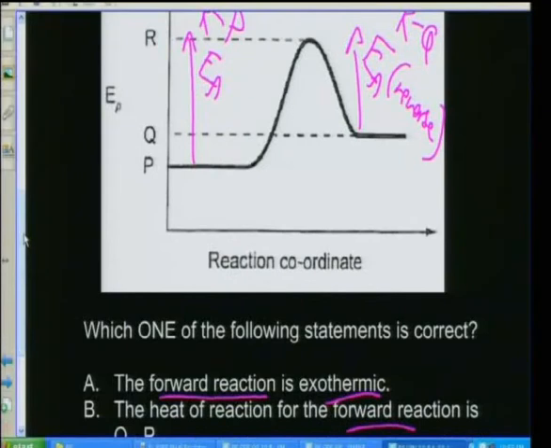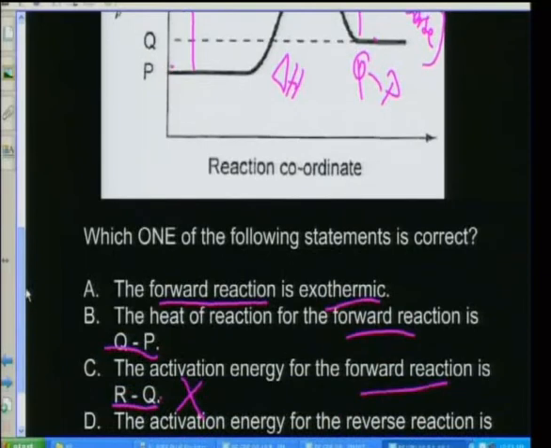So if we were looking for the delta H value for the forward reaction, we're going to say the product, which is Q, that's where the energy is, minus the initial, P. Notice that this is a higher energy, this is a lower energy. You're going to get a positive value. So we've got Q minus P. And check, that's the same answer as B. So it looks like B could be correct.